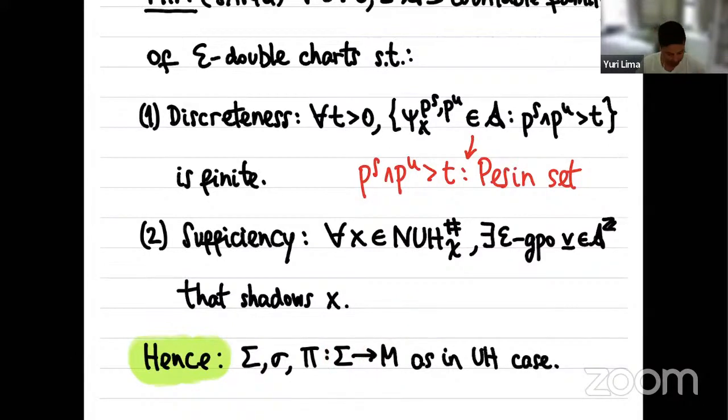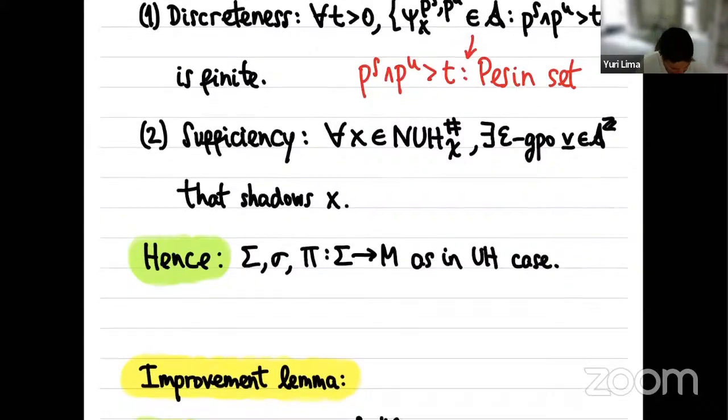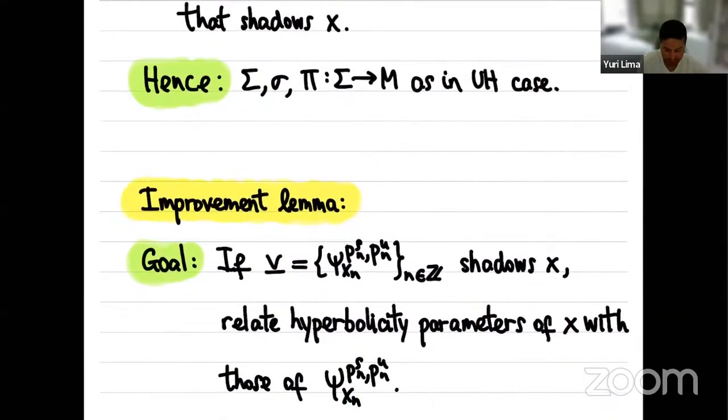Okay. So now we come to the next input, which I call the improvement lemma. So what is the improvement lemma? Well, the goal to motivate the improvement lemma is the following. The final coding that we want needs to be finite-to-one. So we have, as I told you, to solve an inverse problem.